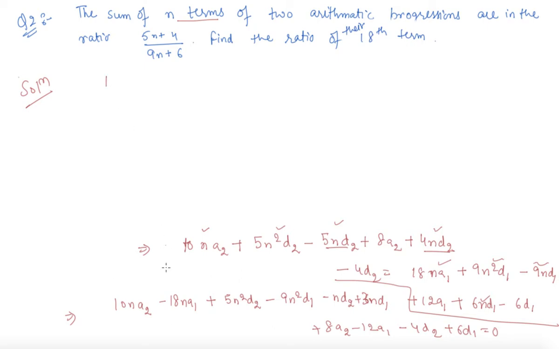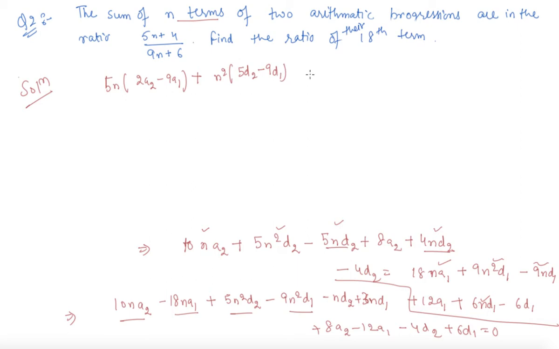So in the first terms I can take 5n common, leaving 2a2 minus 9a1, plus from these two terms I can take n square common, which is 5d2 minus 9d1.